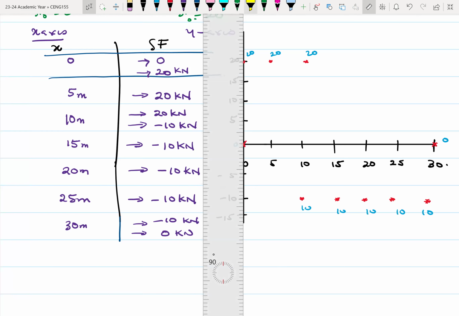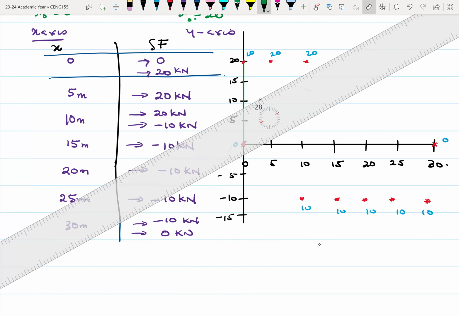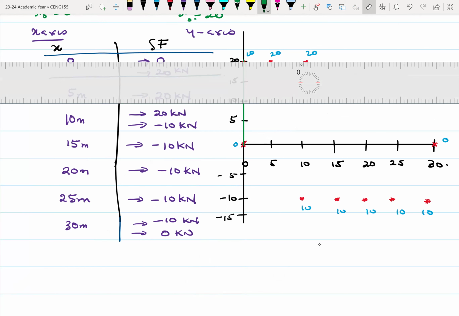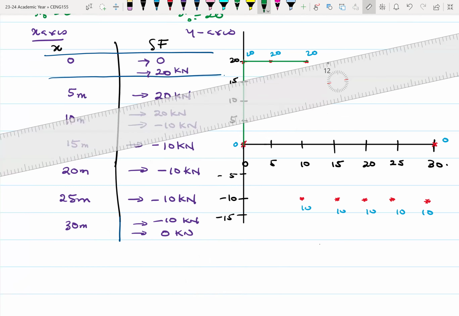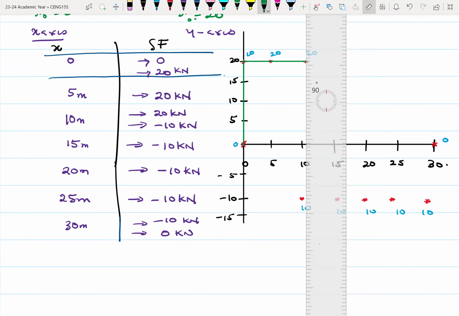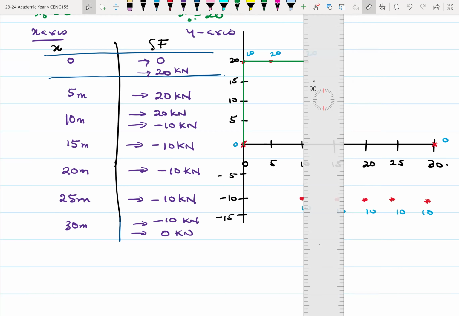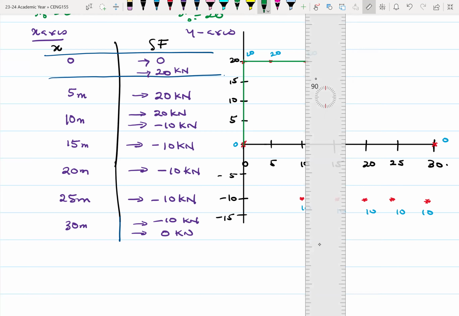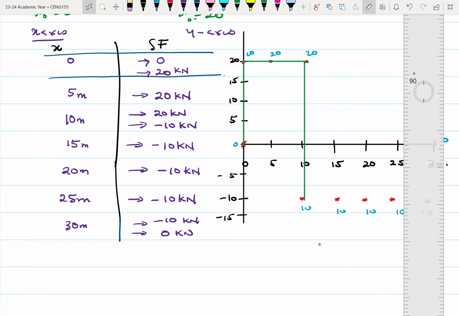So from 0, it jumps to 20. Then it maintains itself straight throughout. Then at 10 meters, it drops again. Sorry, I didn't get my diagram to look straight.